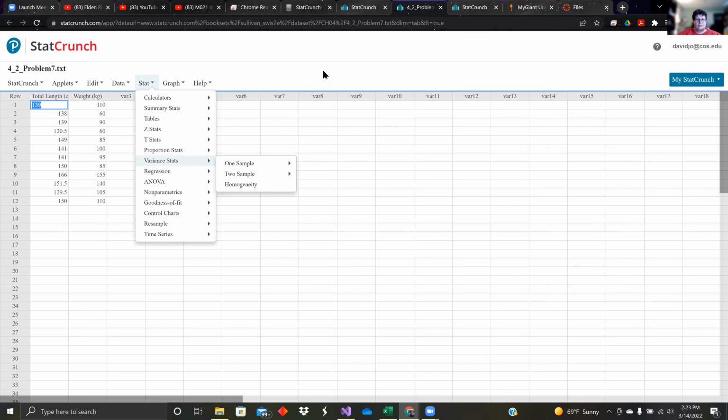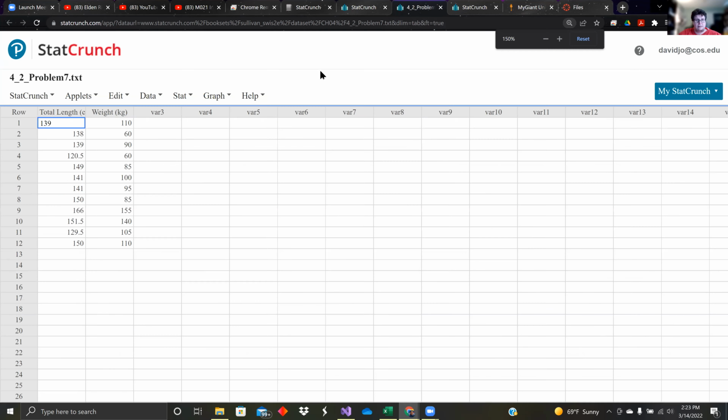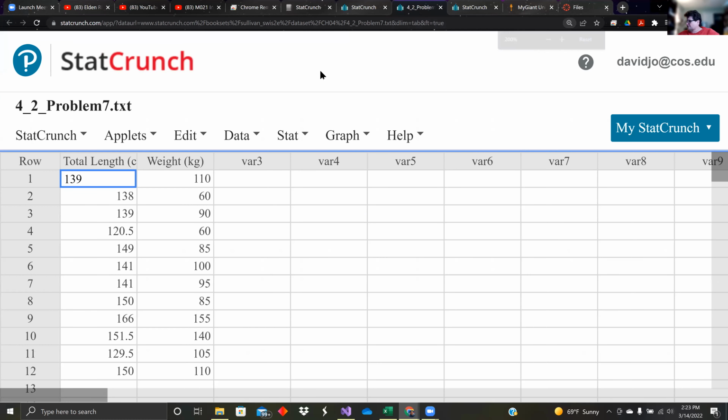Let's see if I can make that bigger. While I'm copying that over to my table and my notes, just so you can start writing it directly from there.